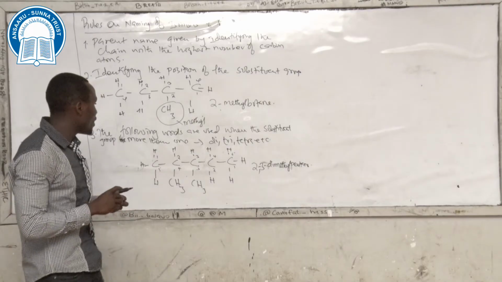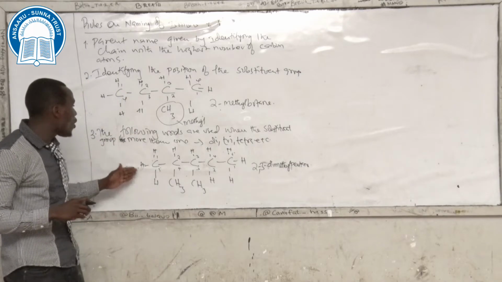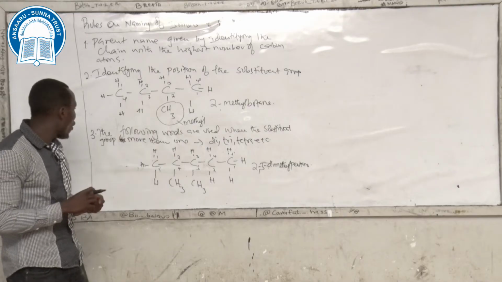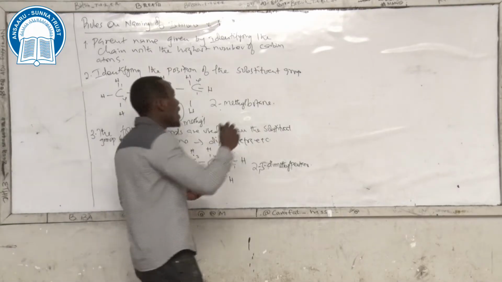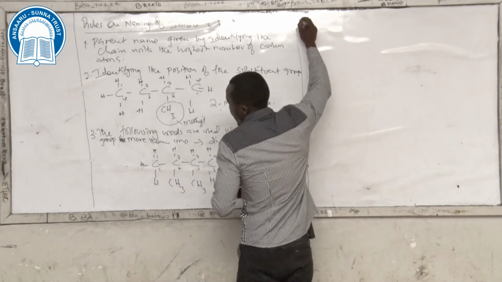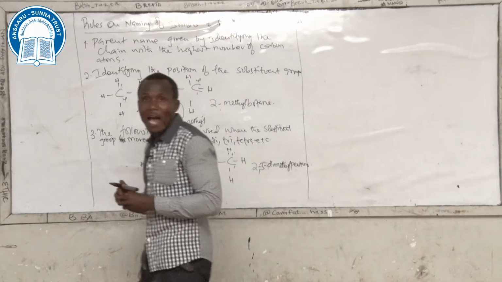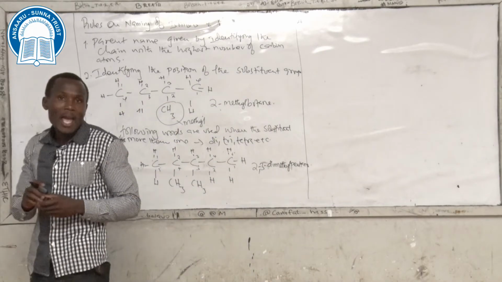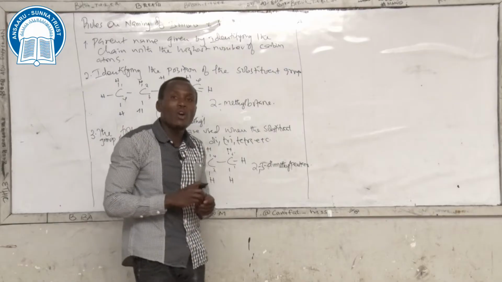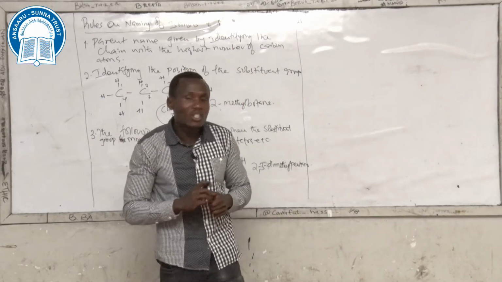2,3-dimethyl pentane. So this gives us the third rule when it comes to naming of the isomers. Then another rule, number 4: when we have halogens in the structure and the substituent group, we consider halogens first before the substituent group.